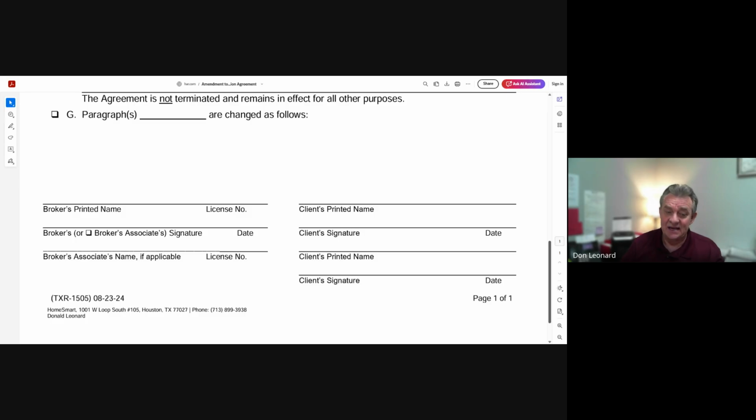So yes, as a sales agent, you can sign this. And of course, they want your printed name and your license number. So HomeSmart, 544462, your signature, check the box that says as broker's associate. Date, obviously the date that you sign it, your printed name, your license number.